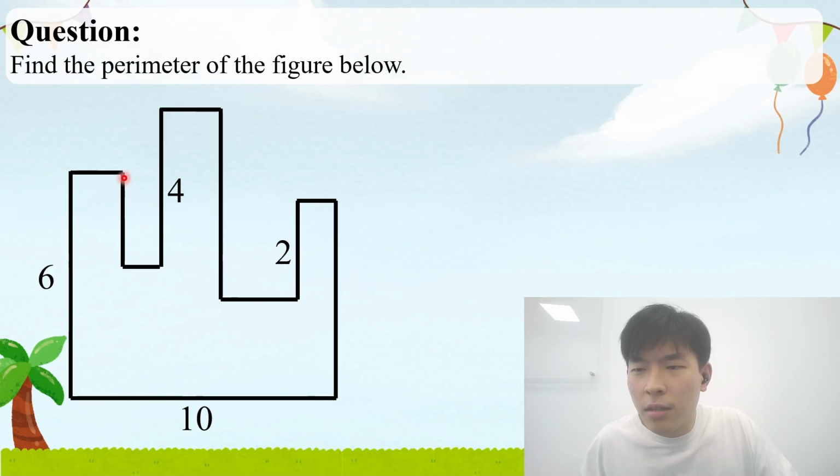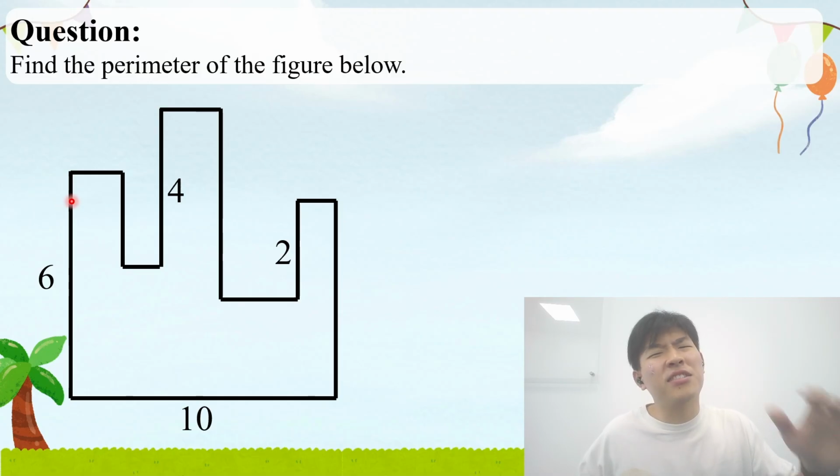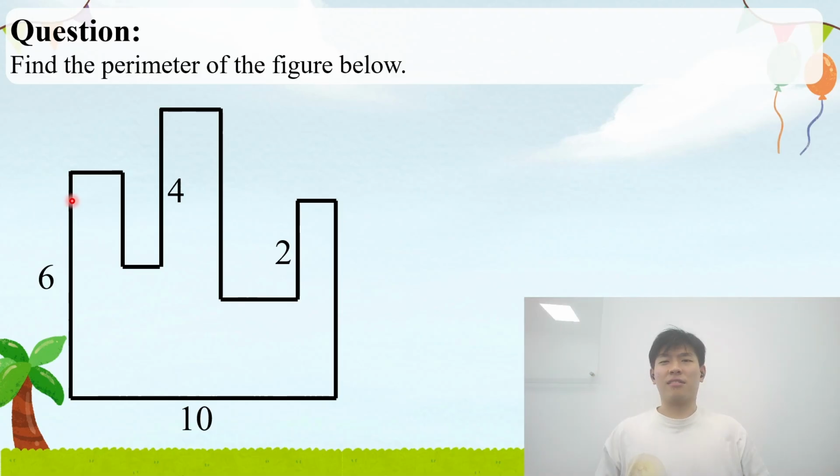I know this is 6, but I don't know how long this is. This is 4. But what about this? You see, these two lines are not the same. Similarly, this is 2 and this is 6, but they are still very different. This 6 and this line are not exactly the same as well. So how should I do this?